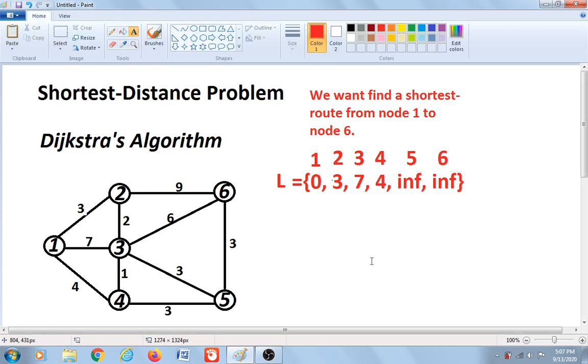Okay, so remember, the number that we have inside the parentheses is the distance, and the number over here on the top is the label for the node.